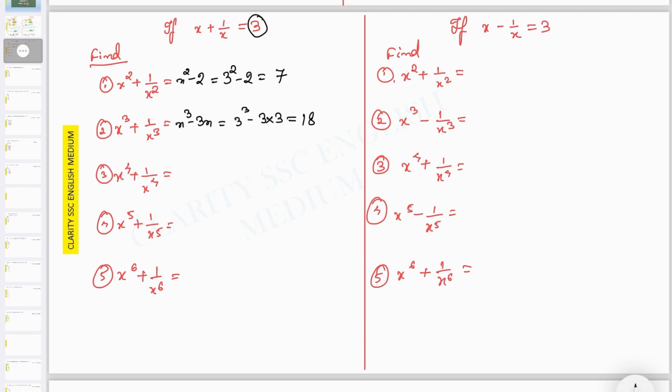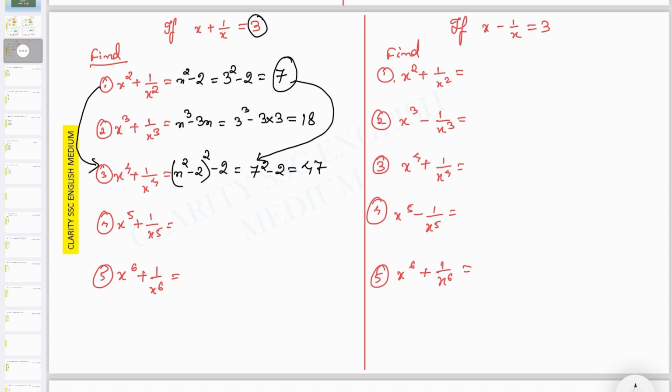And what's the value of x to the power 4? Square minus 2. Whatever we get here, square minus 2. If we need to write the formula, then you can write square minus 2 here also. But in order to solve this, write 7 square minus 2. 7 square minus 2 is the correct answer. That means 47 is the correct answer.